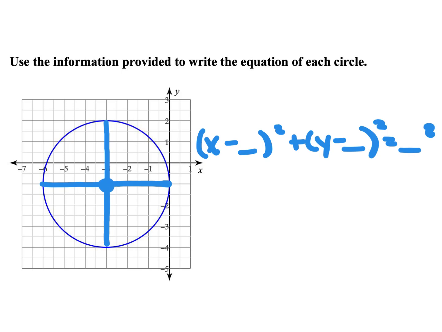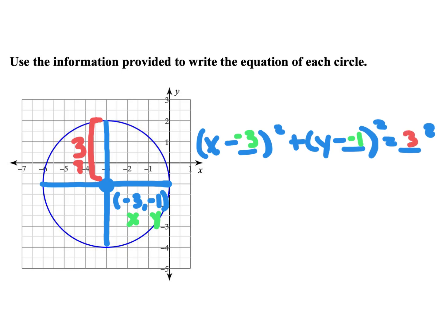So I can assume that this is my center at -3, -1, and the radius is the length of this radius, and we're going by half, so it's 1, 2, 3 units long. So I can fill in the x as -3, the y as -1, and the radius as 3.